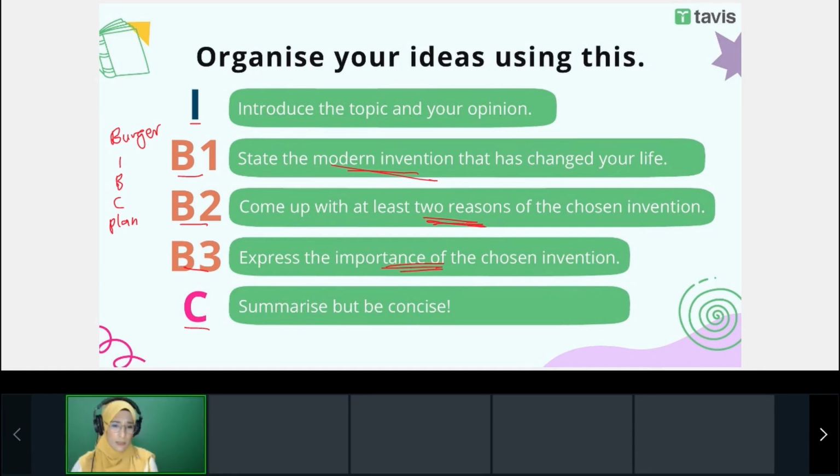So it is separated. First you explain the modern invention that you choose, then you supply the 2 reasons, and you can also state the importance. But if you want to separate the reasons, yes, you can too. This is just a plan for you to see how you can do it for your essay.